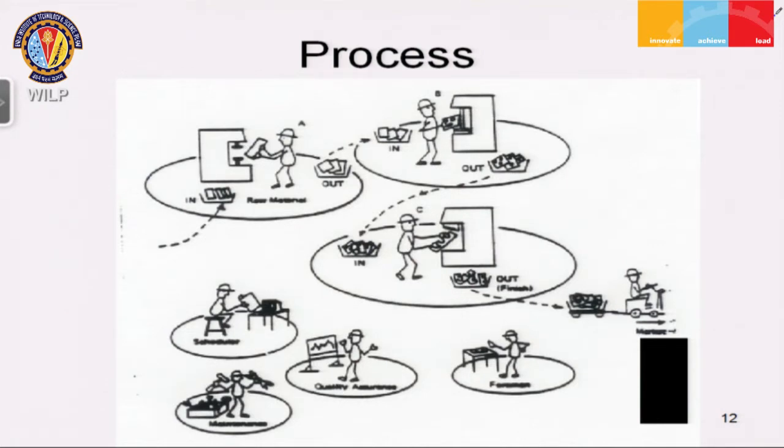So here we see an example of a process, which let me try and explain what is happening over here. You have three different manufacturing operations, and in each one of them you have a separate worker who is working independently. There could be one machine in each, or you could have multiple machines. There could be different machines of each type, more machines of each type in each one of these areas.